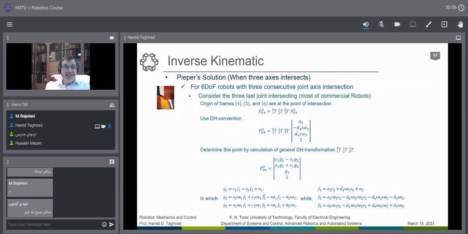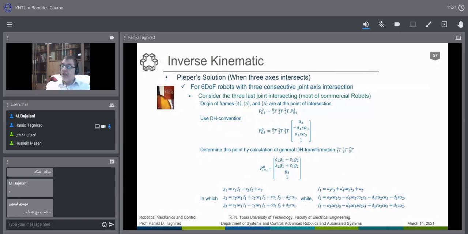Of course, it is quite a nonlinear and sophisticated equation for a general manipulator, but in a specific manipulator, many of these parameters might be, for example, the cosine of alpha might be 0 or pi over 2, and then many of these terms may be simplified.